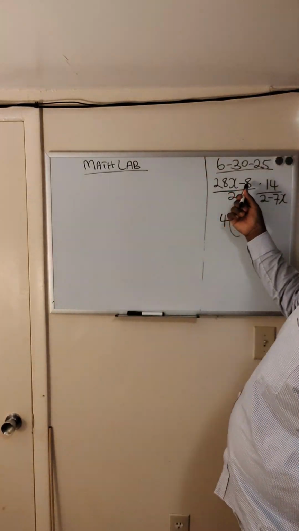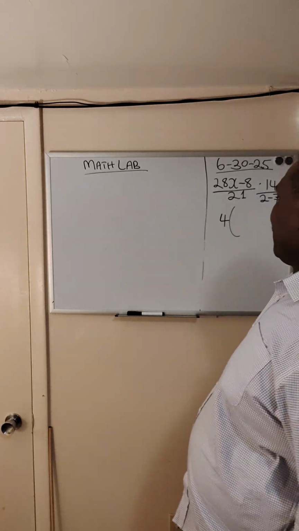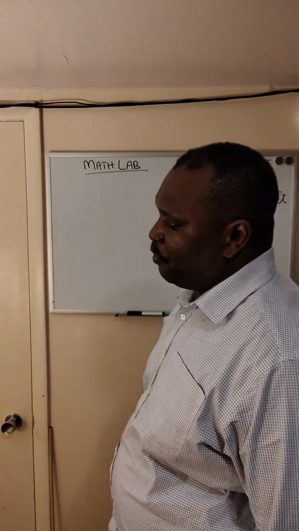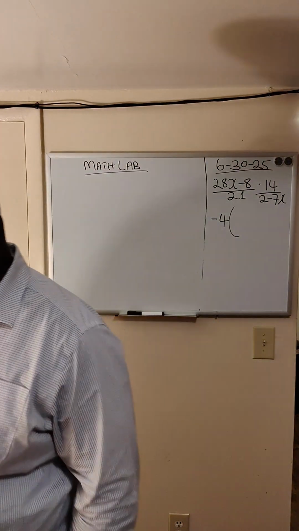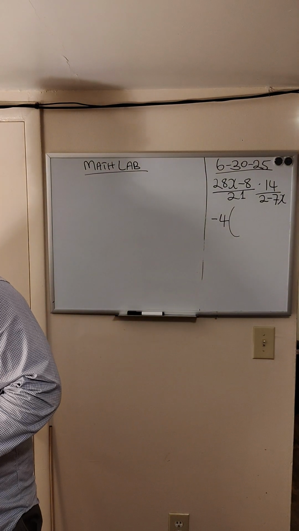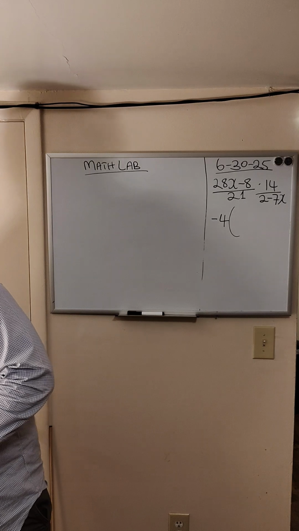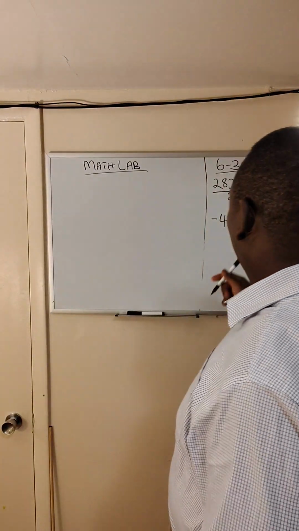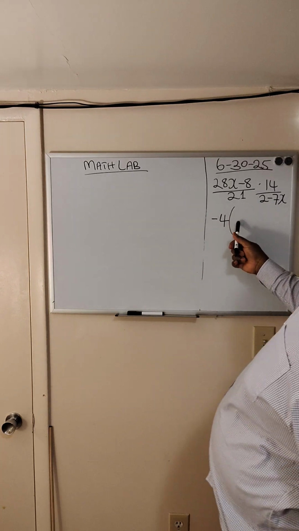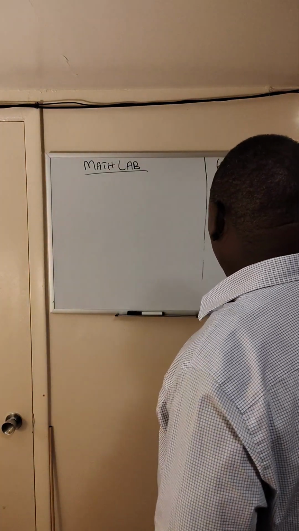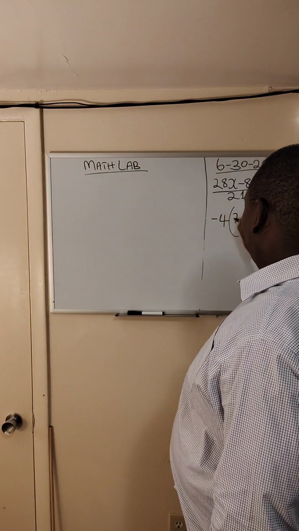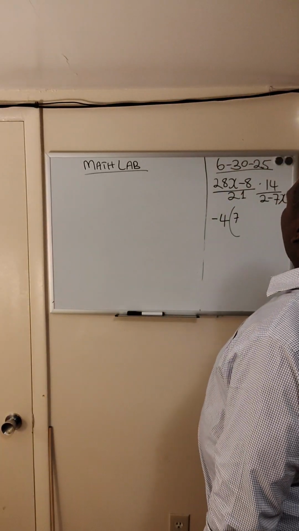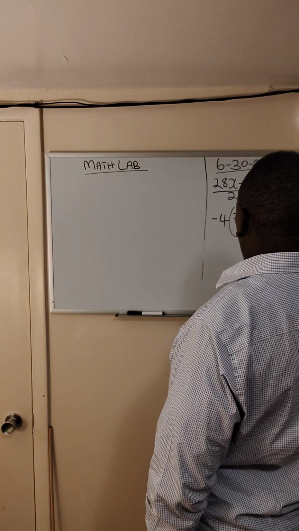We don't know the value of x in that equation. So now we're looking for a number which, if we multiply by 4, will give us 28, and that number is 7.